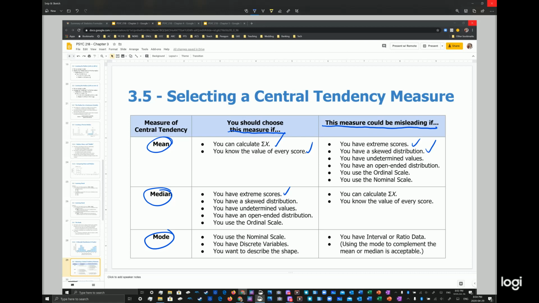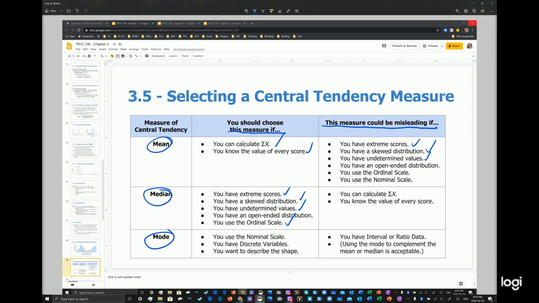So when I have extreme scores and the distribution skewed, I should use a median, or look at the median a little bit more closely. If there are undetermined values, like values that appear to be missing, then it could be misleading if you're looking for the mean, and you would use the median. If you have an ordinal scale for your x's, well, it's ranked, so you want to use the median too, because you automatically rank the scores.